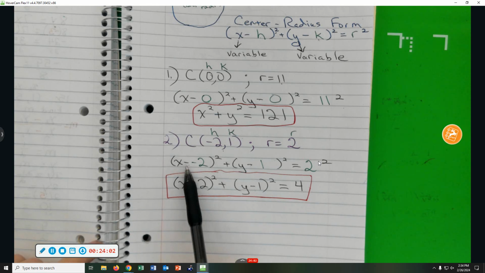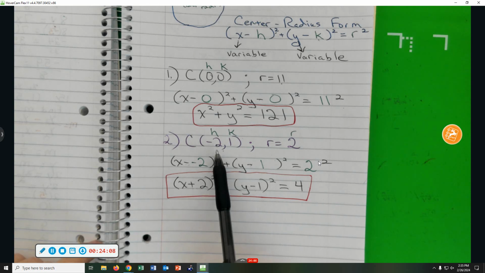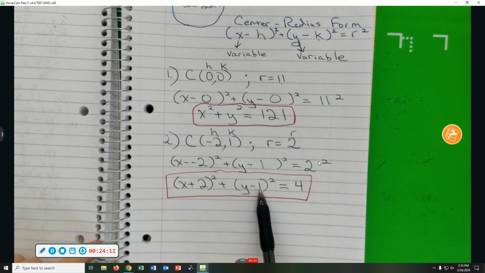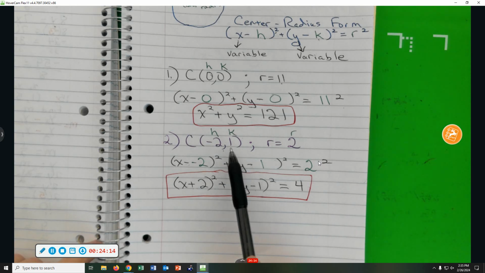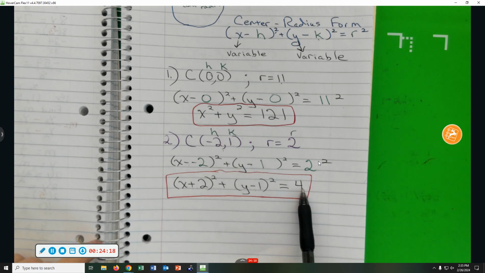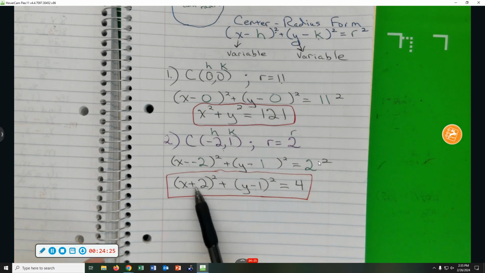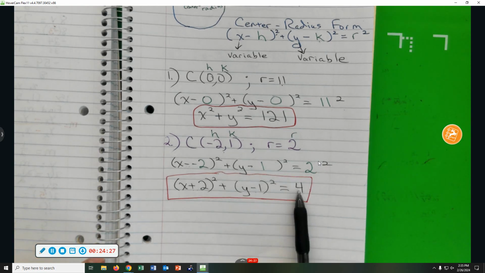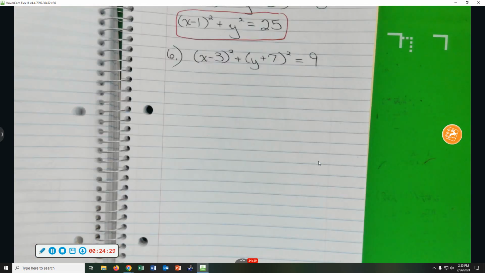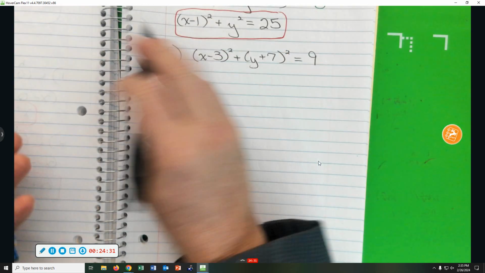Minus a negative becomes a positive. So you see a plus 2, the x-coordinate of the center was a negative 2. You see a minus 1, the y-coordinate of the center was a positive 1. You see a 4 here. What do you have to do to undo that squaring? You take the square root. Change sign, take the square root. If you understand that, you can tell me the center.